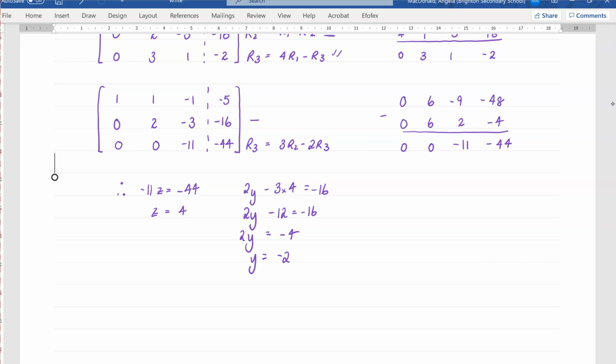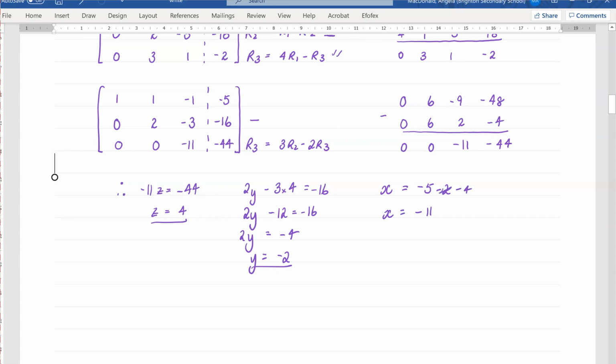And then we just pop both of these solutions back into our original. And we've got x equals minus 5, and we're going to add y, so add minus 2, and then we want to take z, so we end up with x equals minus 11.